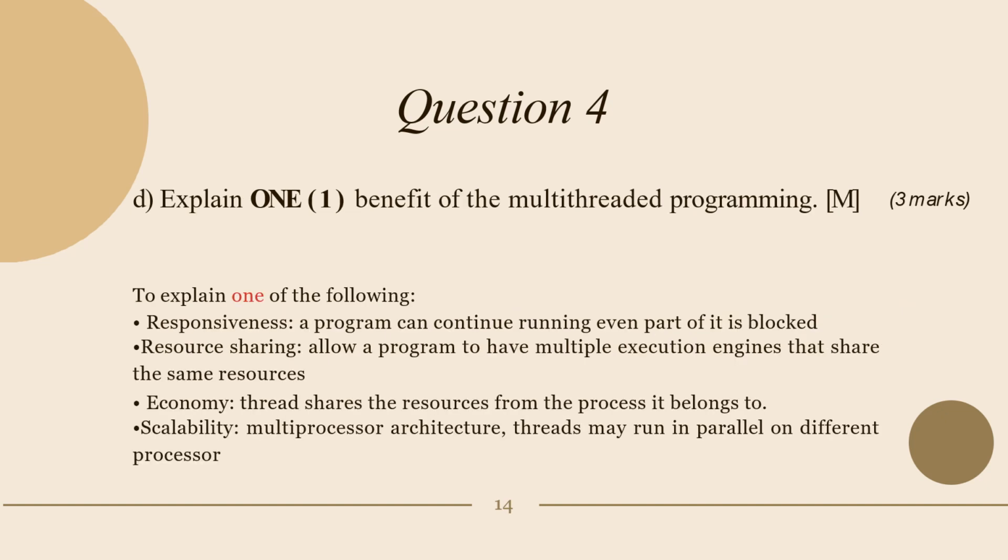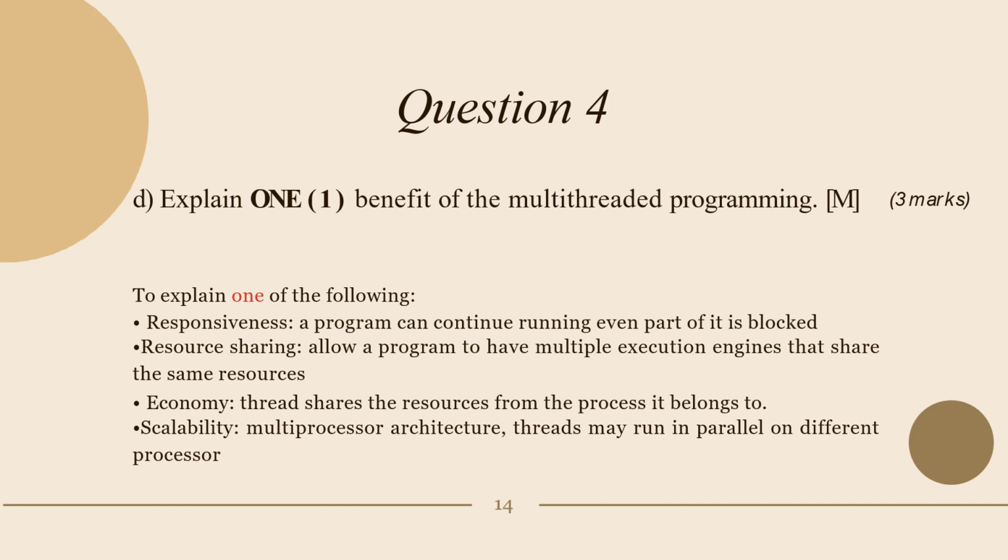Okay, so we've got to the last question, and the question goes like, explain one benefit of multi-threaded programming. And from this question alone, you can achieve 3 marks. Okay, to answer it, you just have to explain one of the following. Responsiveness: a program can continue running even if part of it is blocked.